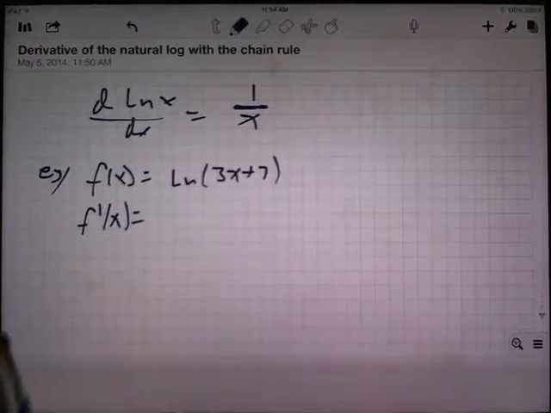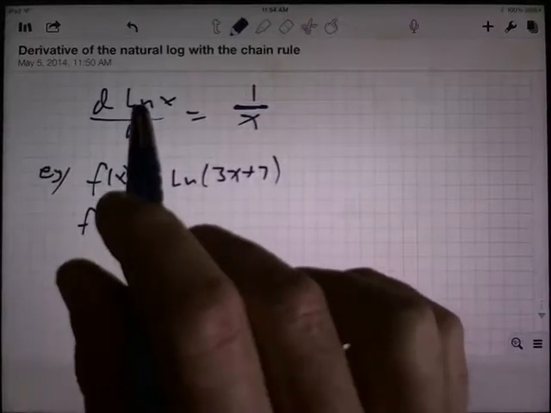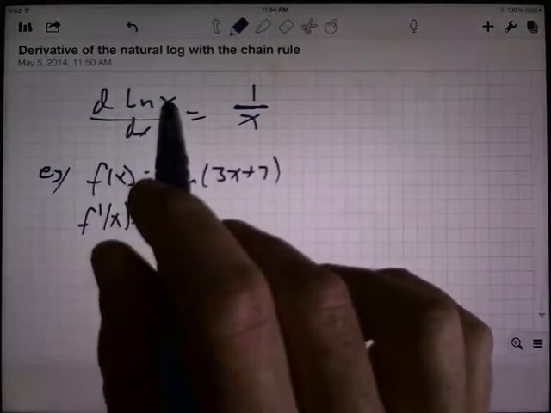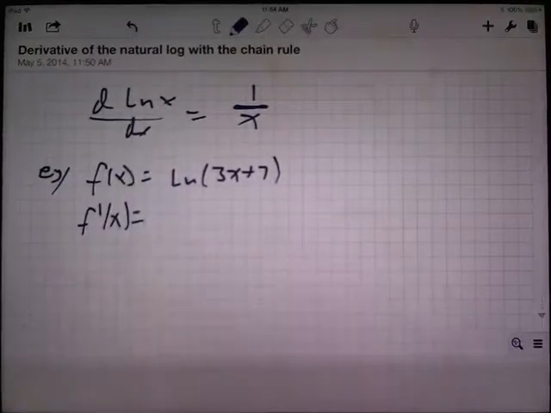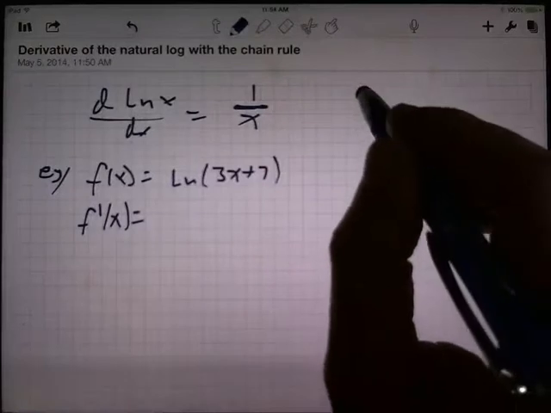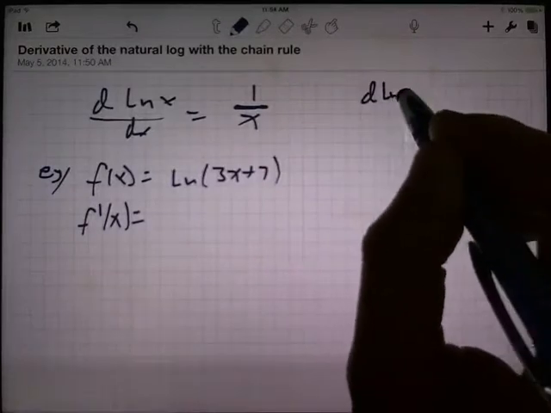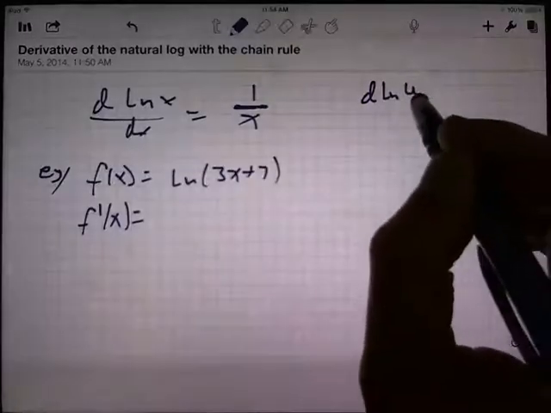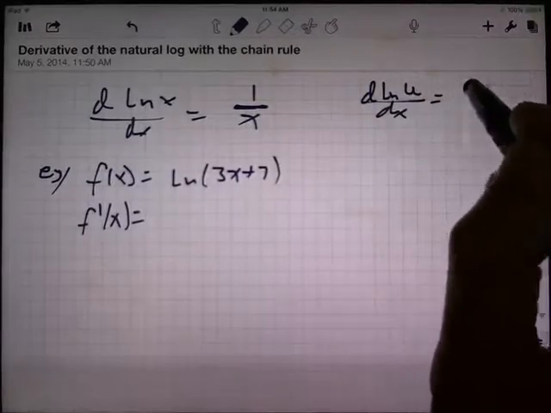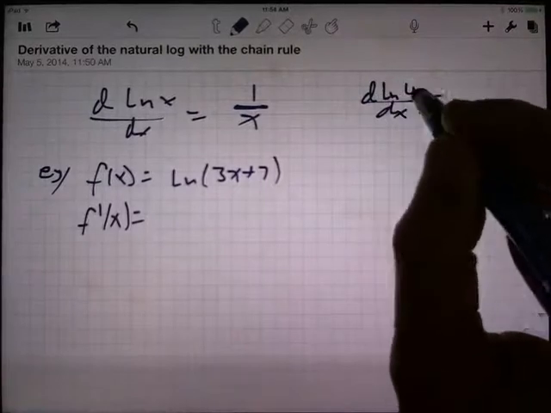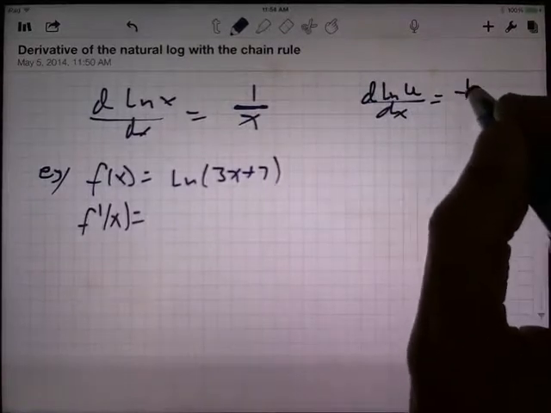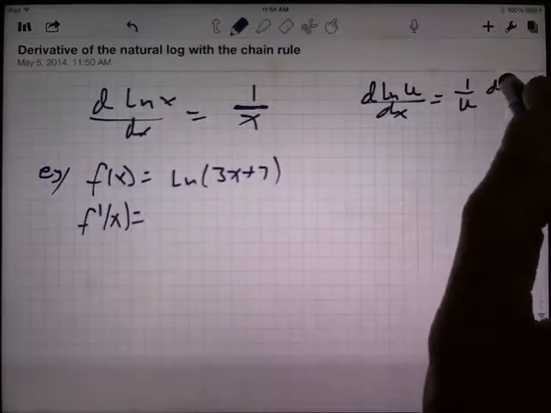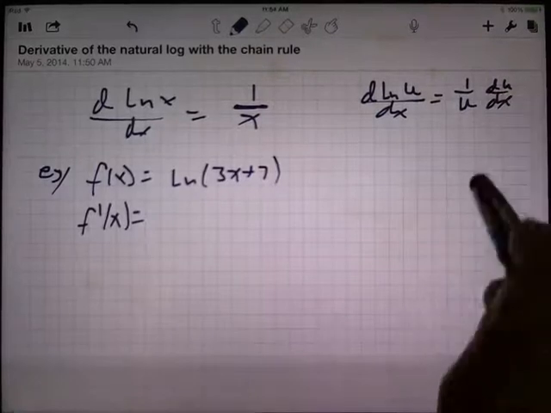Whenever we had a derivative rule that was just in terms of x, there's a corresponding derivative rule in terms of u, right? The derivative of natural log of u with respect to x is the derivative with respect to u, and then multiply by du dx. This is just the chain rule.